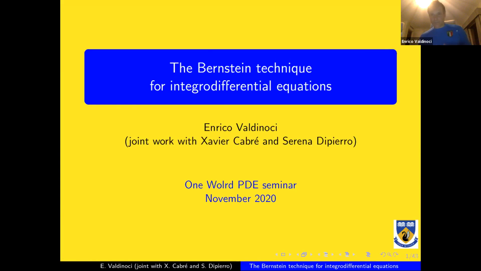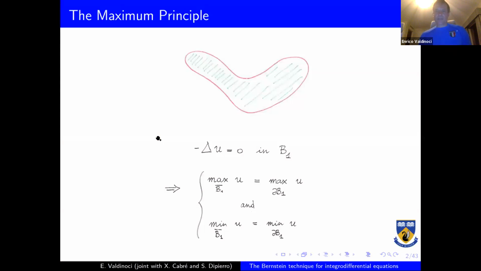But let's see what is the plan. Basically, the idea is to address the Bernstein method for integrodifferential equations. Of course, Bernstein method is a fancy way to say maximum principle.